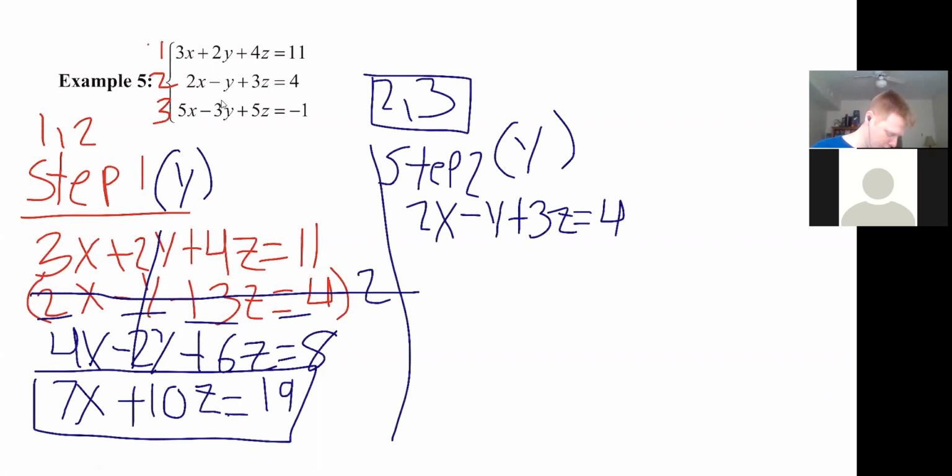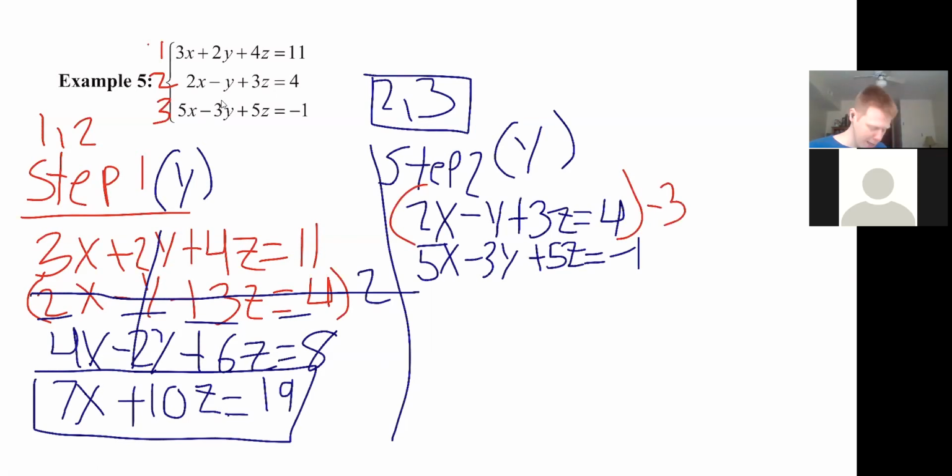So I'm going to copy equation 2 and equation 3. Remember, since I got rid of the y's for my first pair, I have to get rid of the y's in this pair. To do that, I could multiply this top equation by -3, because that would make this a positive 3y, the opposite.